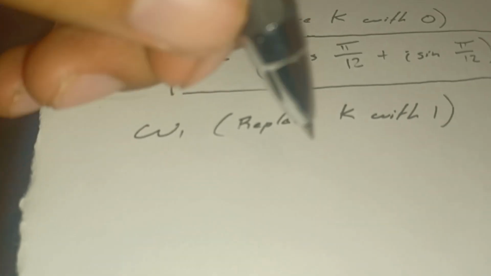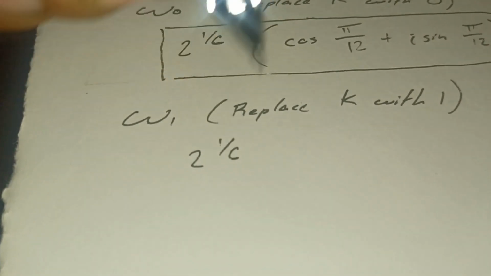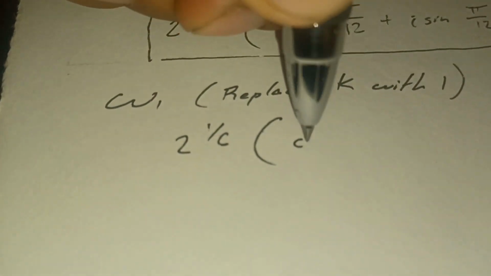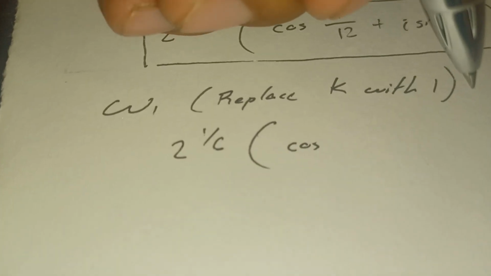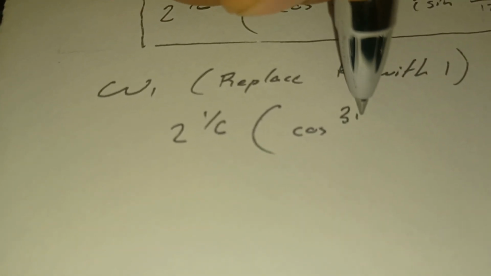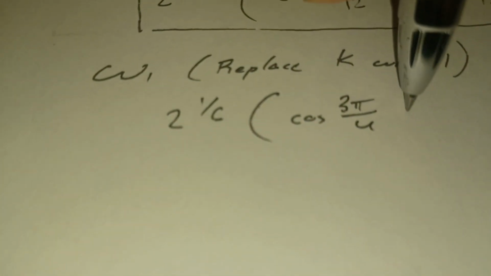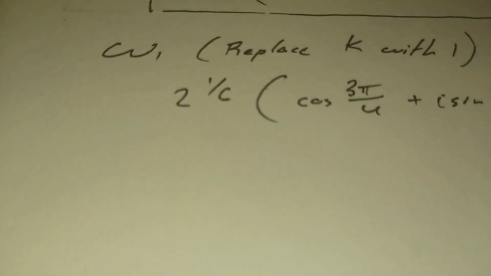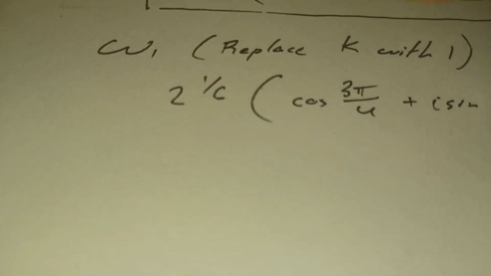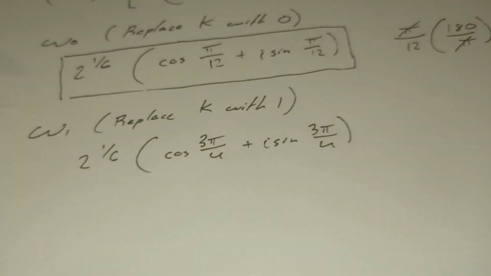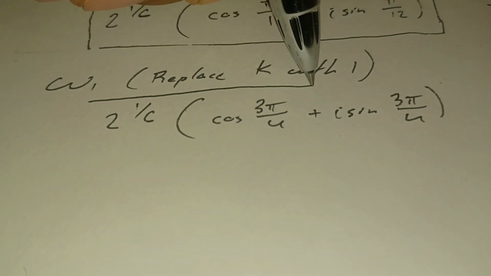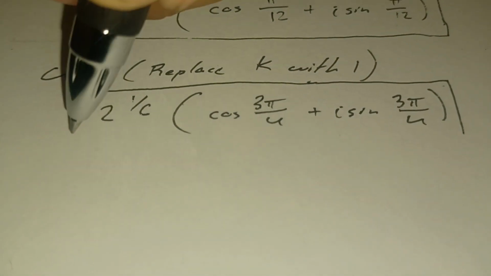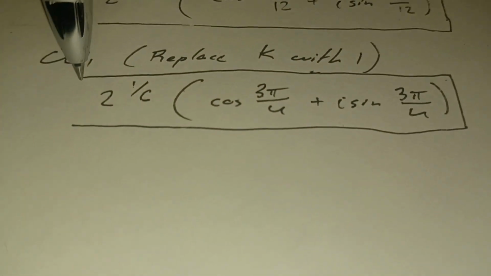So we have again 2 to the 1/6 power, cosine of 3 pi over 4 plus i sine of 3 pi over 4. That's going to be your second root, your second answer, so you box that.